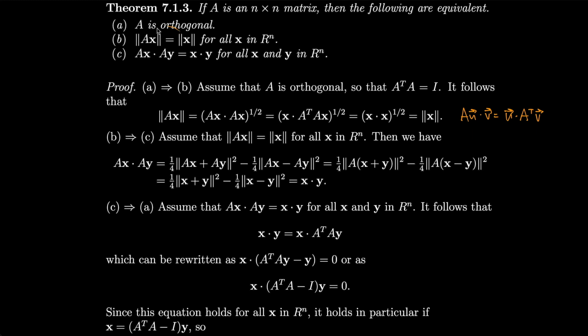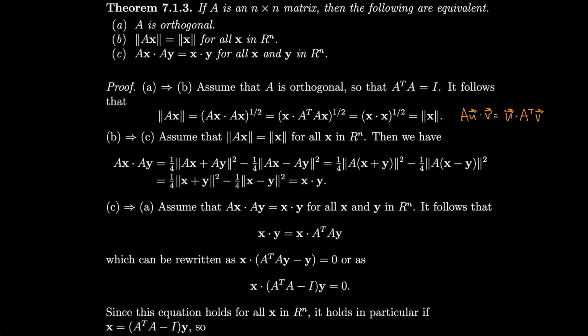We'll assume that the length of AX is equal to the length of X for all X in Rn. Then let's look at what happens when we take AX dotted with AY. We want to show that it's X dot Y. We can use our formula also from 3.2 in order to rewrite our dot product in terms of lengths.